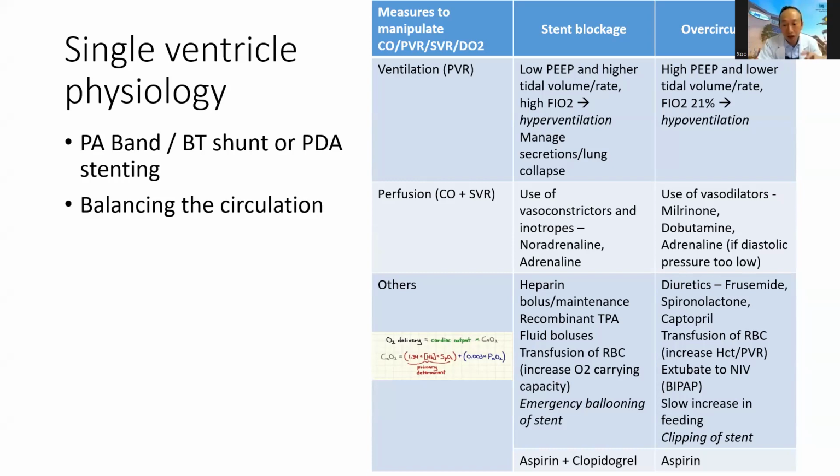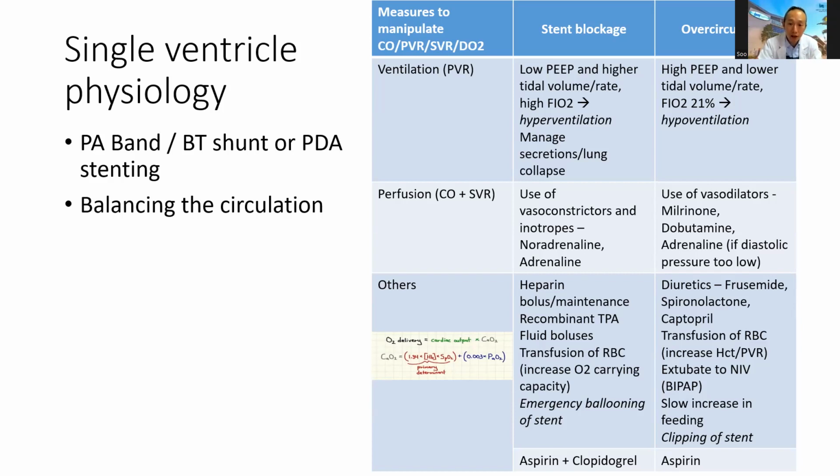Either they have a very, very large defect causing a lot of mixing in between, or they have a very hypoplastic one side of the heart causing the other side to be dominant, or outflow tracts that are very diminutive, very small, unable to support two circulations, the pulmonary and the systemic. We group them into single ventricle.